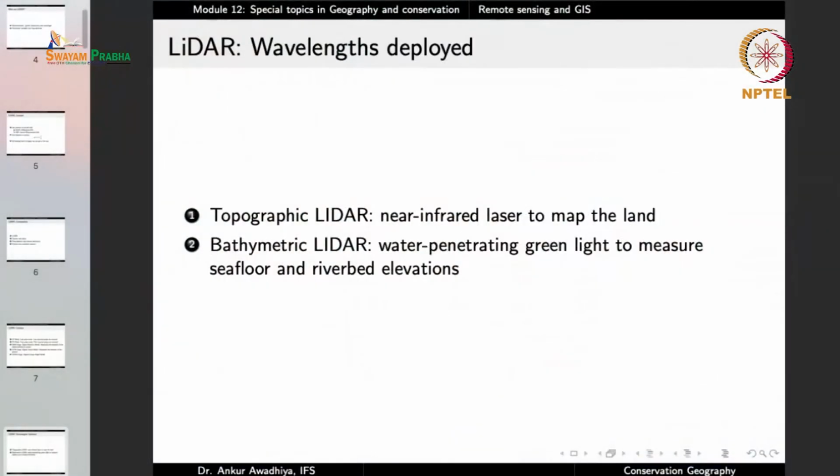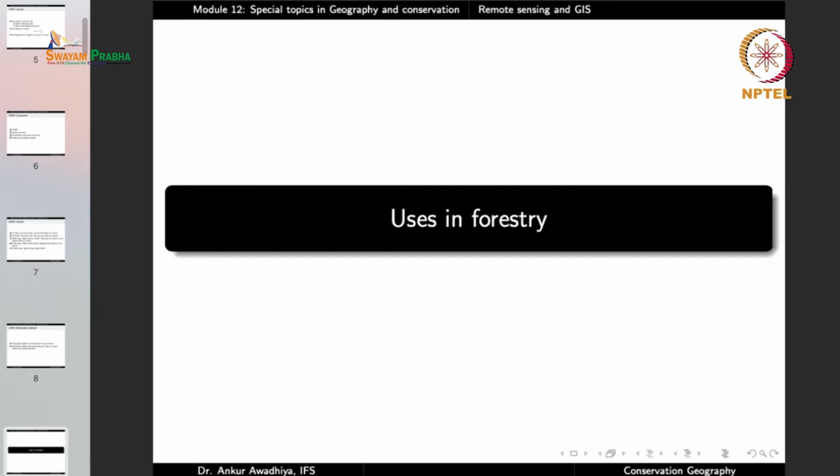So if we use LiDAR, we can compute the DEM, the DTM, and the digital canopy height model of the forest area. Typically, we make use of near infrared lasers in the case of topographic LiDARs, and water penetrating green light in the case of bathymetric LiDARs to get the elevations of seafloor and riverbed elevations.